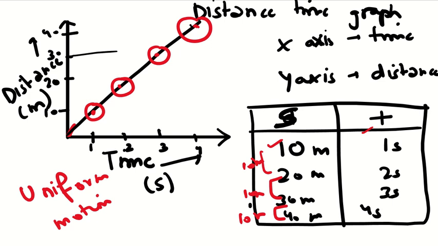So it is the graph of a uniform motion. What we have learned is that the graph for uniform motion will be a straight line. Now, similarly, let me draw a graph of a non-uniform motion.